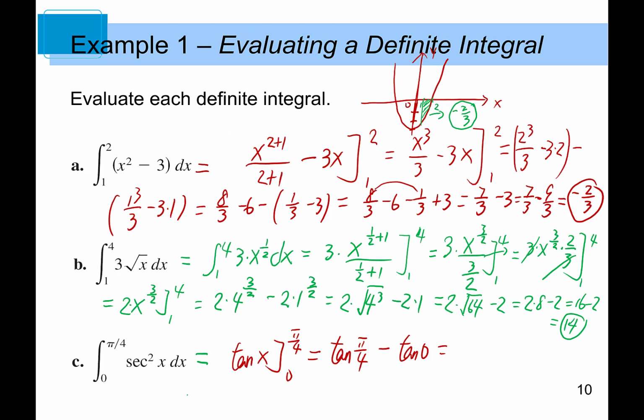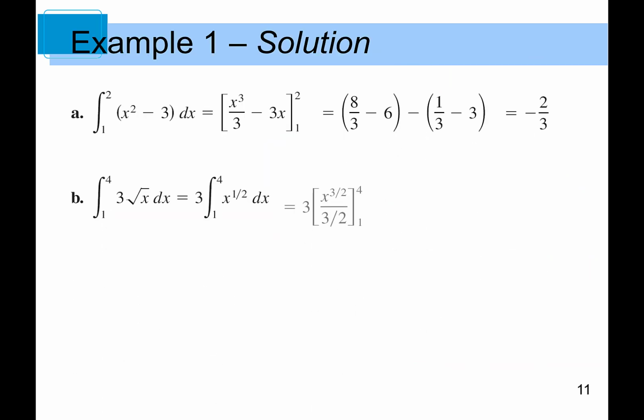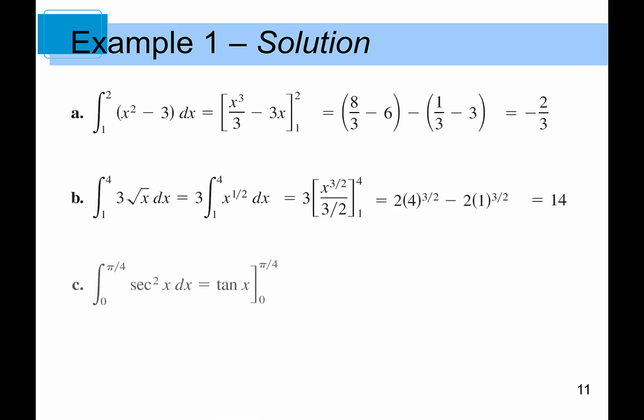So tangent pi over 4, tangent 45 degrees, is equal to 1. Tangent 0 becomes 0, 1 minus 0 gives you 1. Okay, so the area under the curve for secant x squared for x from 0 to pi over 4 is equal to 1. And the detailed solutions we'll go over.